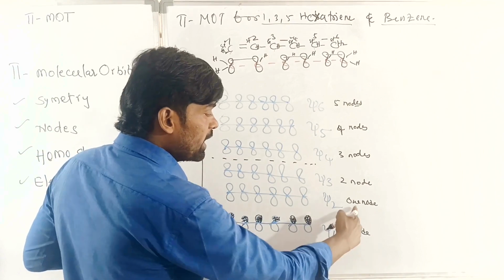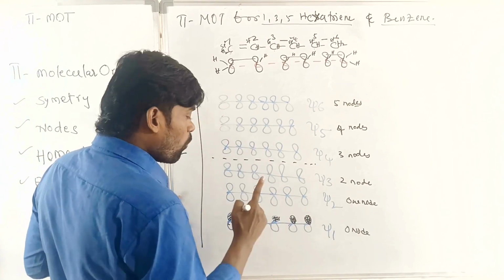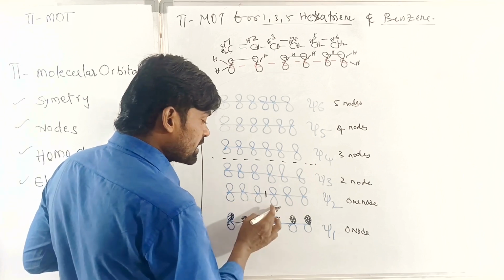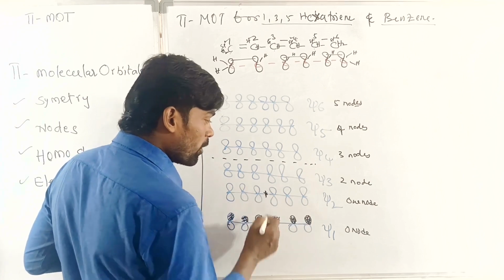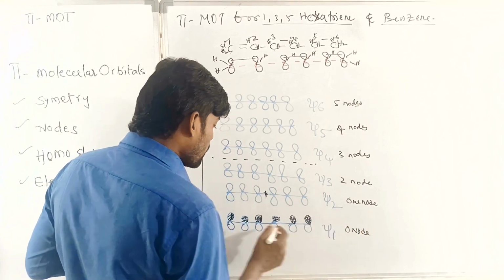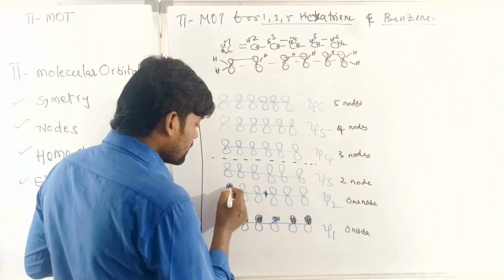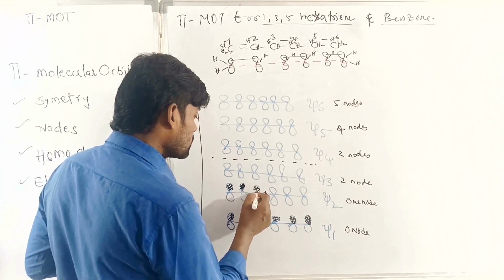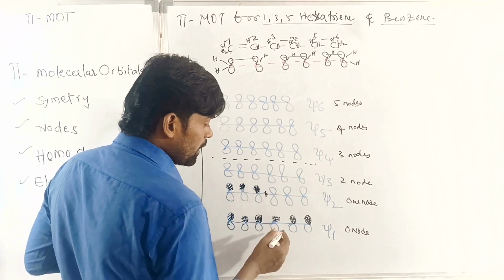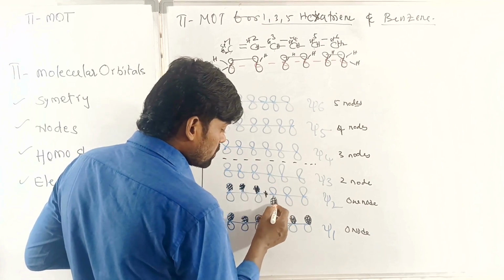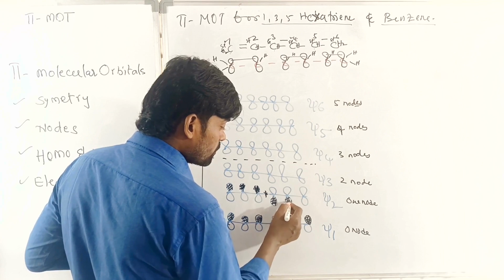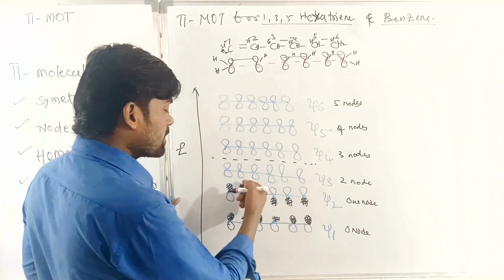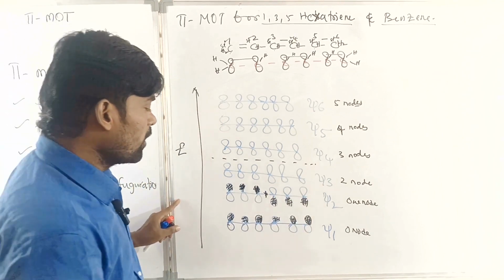Coming to Psi2, here we have to make one node. Let's take a center point, with 3 orbitals on one side and 3 orbitals on the other side. Now we are going to make a node. These 3 are shaded upside and these 3 are shaded downside.